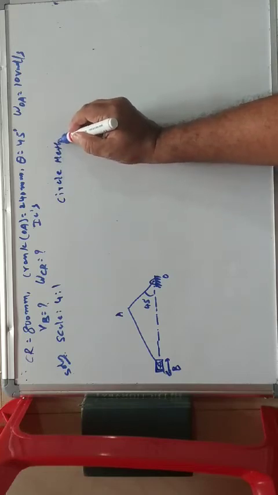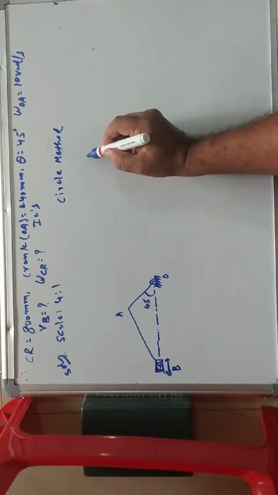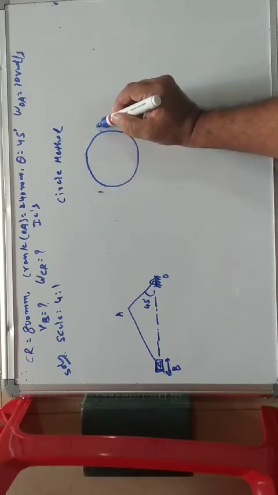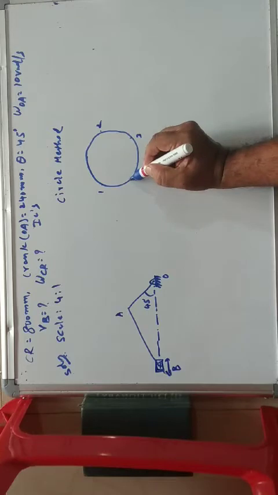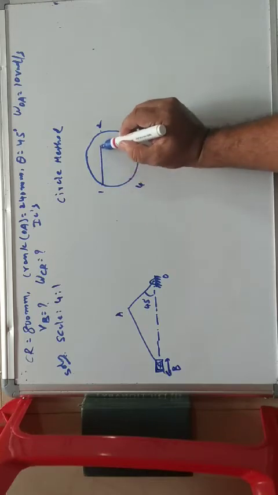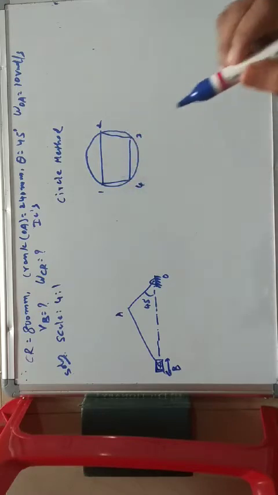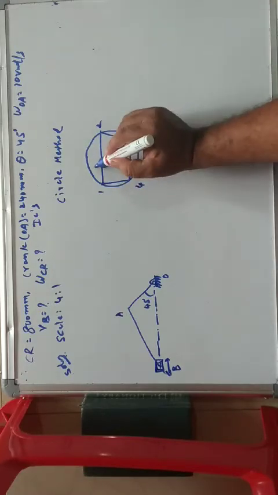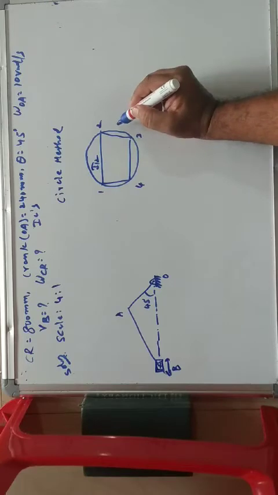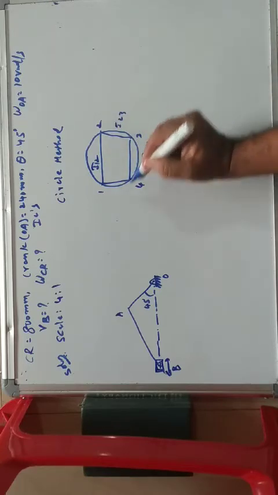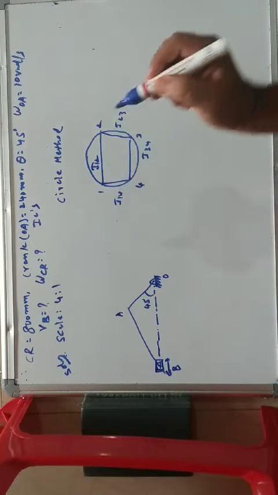So I am going to adopt the circle method. In the circle method, I will try to draw a circle here, right? So here 1, 2, here it is 3, here it is 4. I will join 1 to 2, 2 to 3, 3 to 4, and 4 to 1, right? So this is I12 as usual, I23, this is I34, and here it is I14, right?